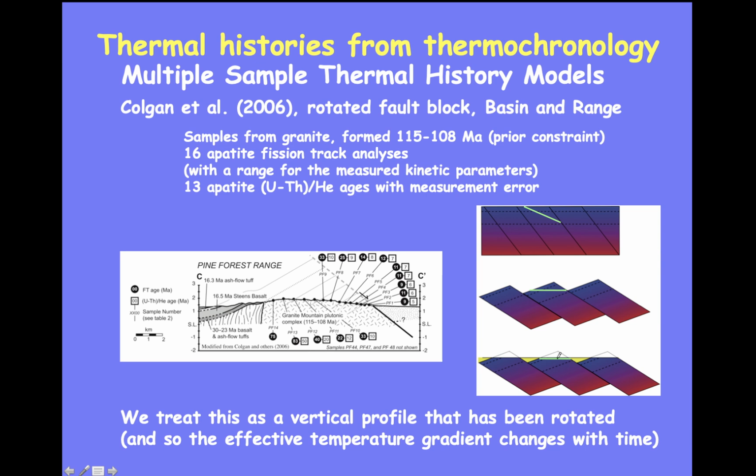We start at the bottom of this diagram on the right here. The green line just here is effectively our horizontal profile on the left. And if we reconstruct the tilted fault blocks, we put back what's been eroded here, this little triangle there. And then, if you like, unrotate the blocks.